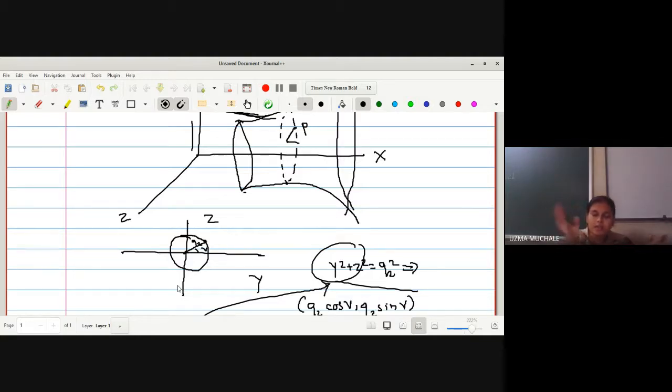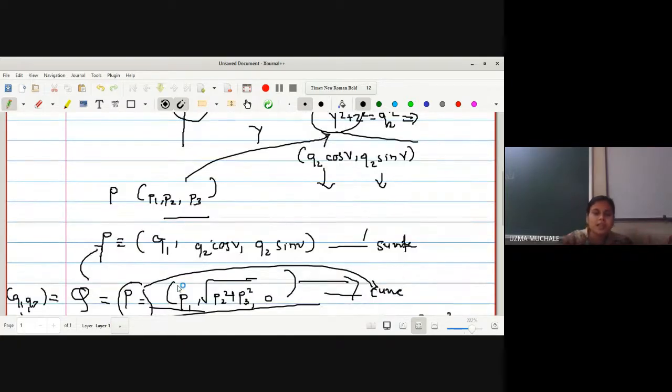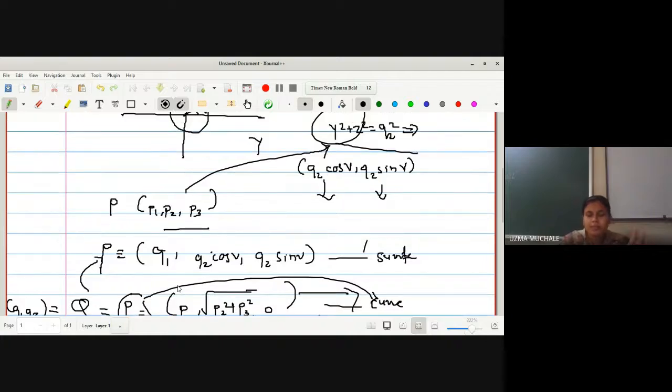So that circle you have to take parallel to the yz plane, then find out the coordinates. Then your point Q with the coordinates q1, q2 is now changed to P with the coordinates p1, p2 and p3. So now you have to just find out what the coordinates are, because from the equation y square plus z square, we can find out q2 cos v, q2 sin v, right? Because we know that x square plus y square is equal to r square, then we write it as x is equal to r cos theta, y is equal to r sin theta.